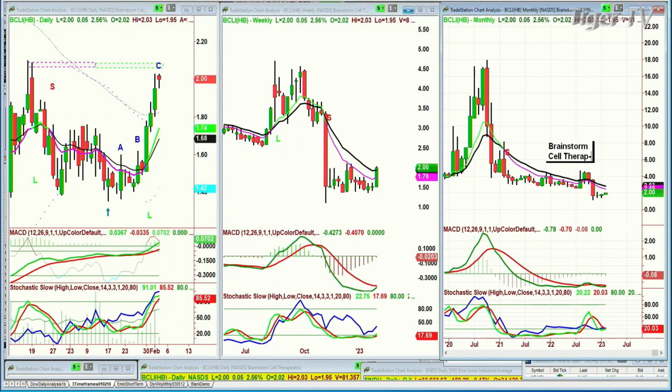All right. So what we're looking at here is, yes, this is really tough. Being in play right now and waiting for some kind of approval is so hard for regular players to be in, especially if you aren't really studying the biotech areas. I love the cup formation, love the rectangle formation, the way it goes down to the 1.20s and then it runs up to almost 2 and then it comes back again.